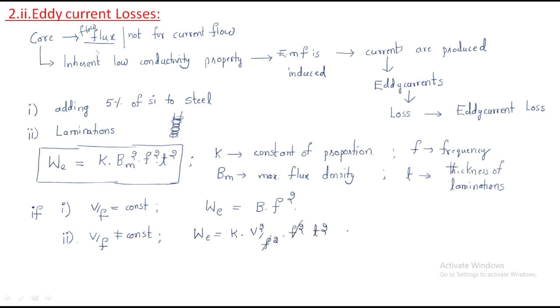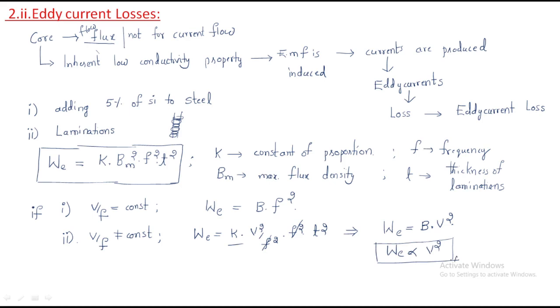Since K, F and T are constant, the eddy current loss is proportional to V square.